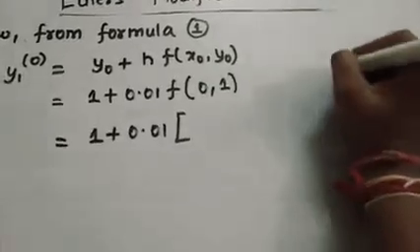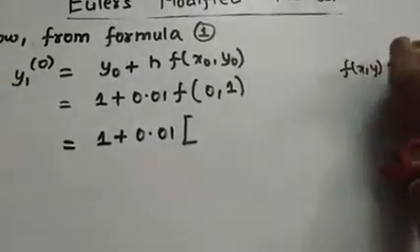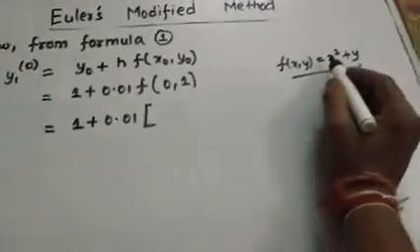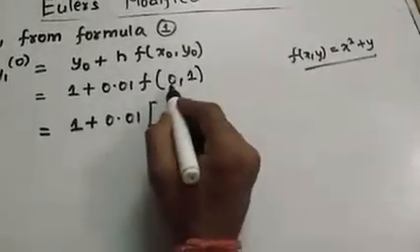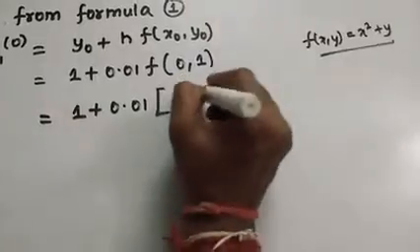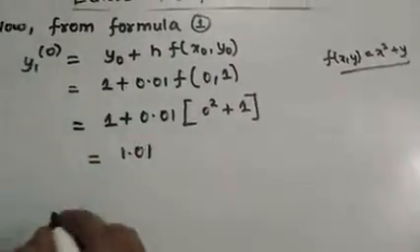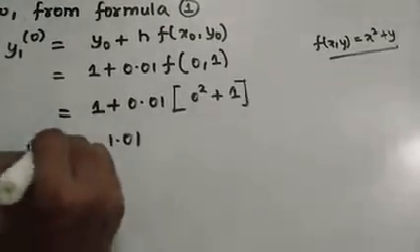Now the most important, the function f of x y is given to you as x square plus y, that means x is here 0, so 0 square plus 1. After simplifying this, you will get 1.01. This is your y1 of 0.